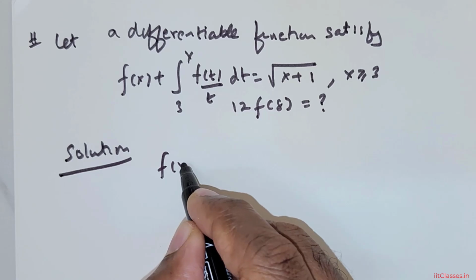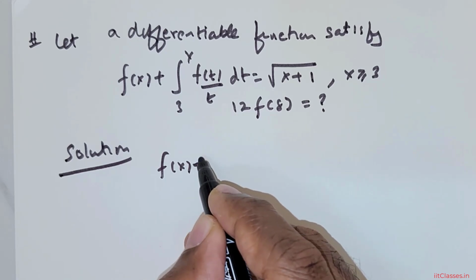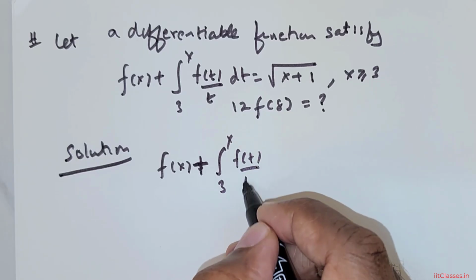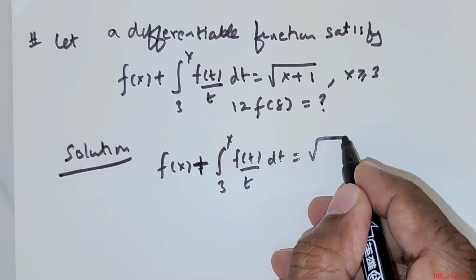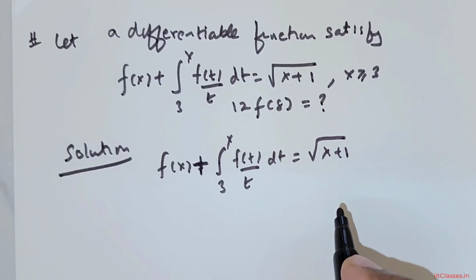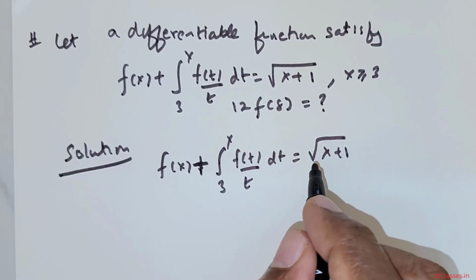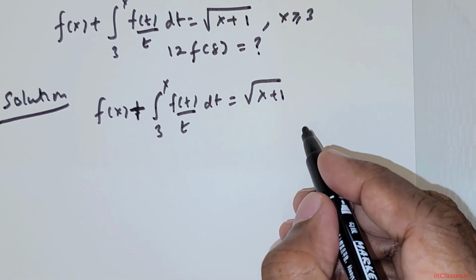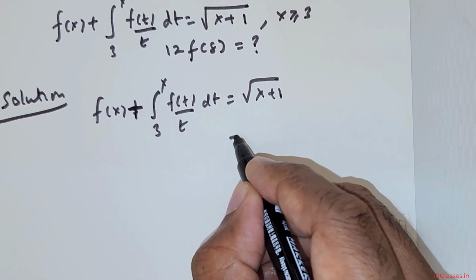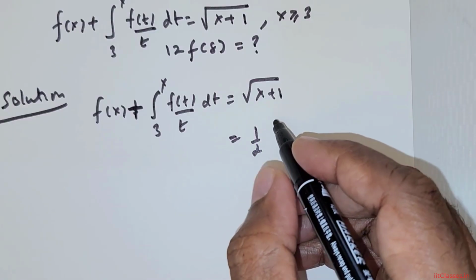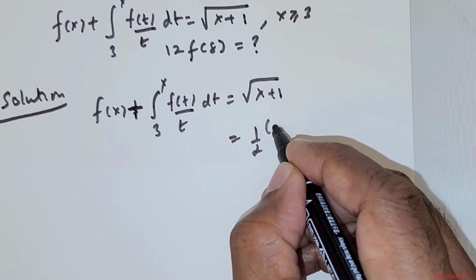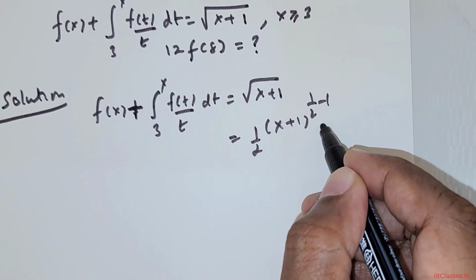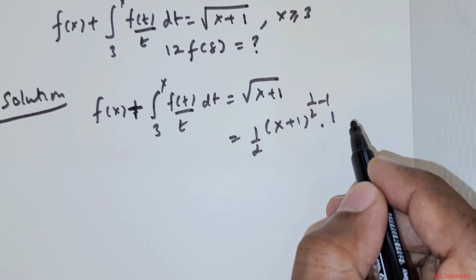So we are given, what are we given? We are given f(x) + ∫ from 3 to x of f(t)/t dt = √(x+1). Now let me differentiate both sides. Differentiation of the right hand side is going to be 1/2 times (x+1) raised to the power of 1/2 − 1 times the differentiation of (x+1), which is 1.